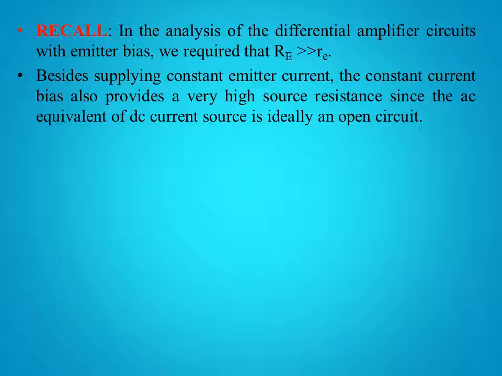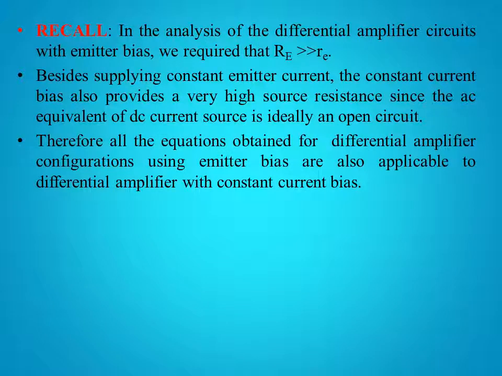Because if we replace the differential amplifier with emitter bias by a differential amplifier with constant current bias, all the formulas that we have calculated regarding voltage gain, output resistance, input resistance can equally be applied. They do not change. Therefore, all the equations obtained for the differential amplifier configuration using emitter bias are also applicable to the differential amplifier with constant current bias.